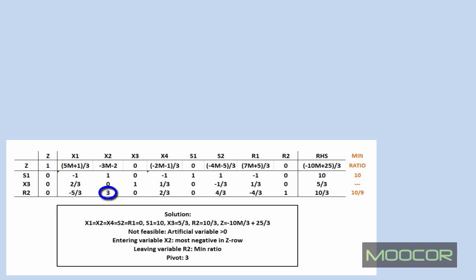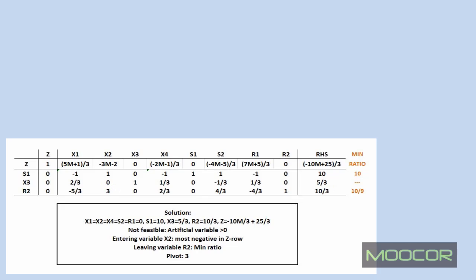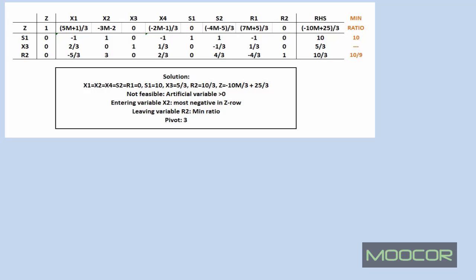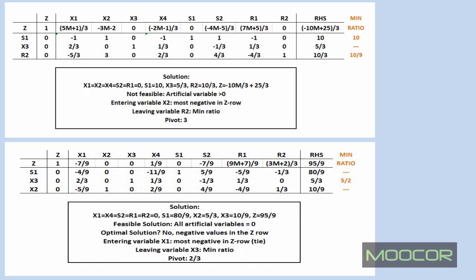X2 is entering, so when I perform the regular iteration of the simplex method, I will come up with the new solution. Notice that in here R1 and R2 left the tableau immediately right after each other, but that's not always the case.